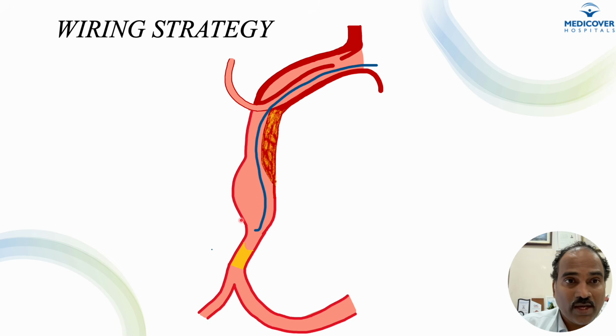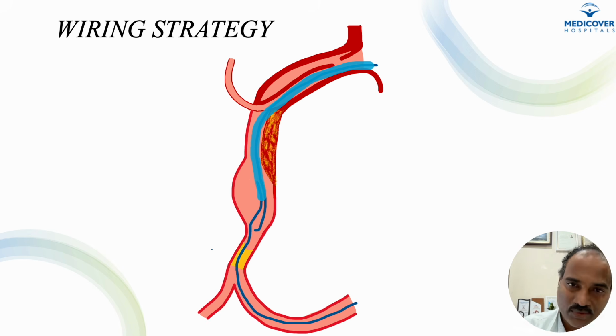So once your wire is in the mid RCA, you just create a space here and then send a guide extension into this place, that is the mid RCA. And once that is done, go retrograde, cross the CTO, and bring this wire into the guide extension and externalize it. So that gives you the clear wire position which we wanted to execute our plan in the first place.